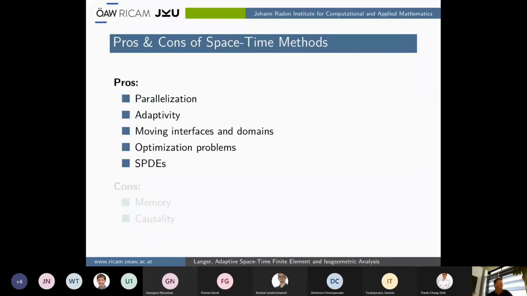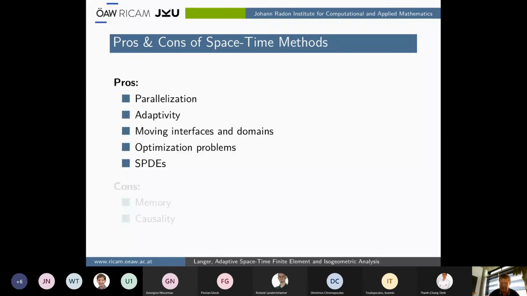Pros and cons of space-time methods. The pros are you can do a parallelization in space and time, like in an elliptic, like in a static problem or stationary problem. Adaptivity you can do simultaneously in space and time. You saw the mesh. Moving interfaces and domains in space are fixed in time. This is a fixed geometry.